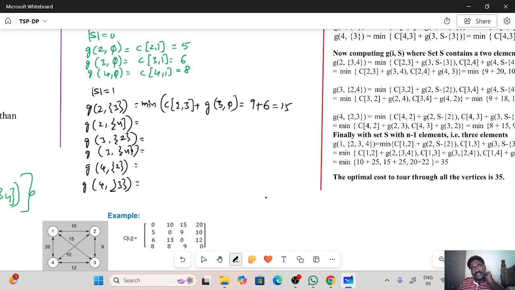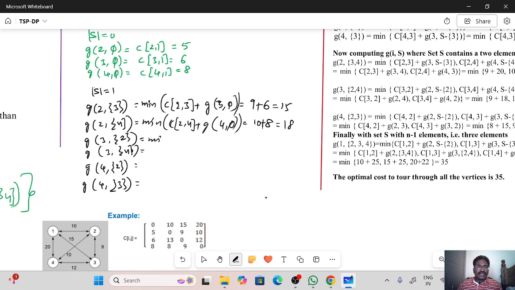Now, go with g of 2 4, which is the minimum of the cost of 2 4 plus g of 4 phi. We know the cost of 2 4 is 10, plus we know the 4 phi value, which is 8. So that is 18.